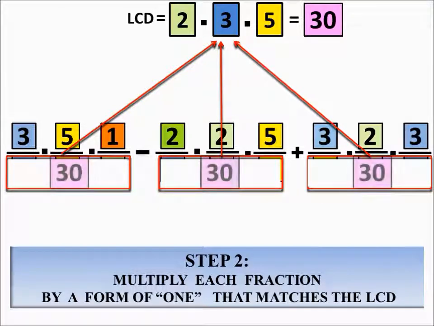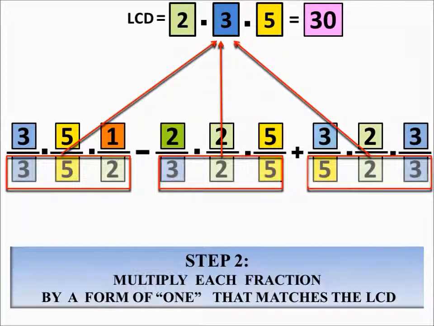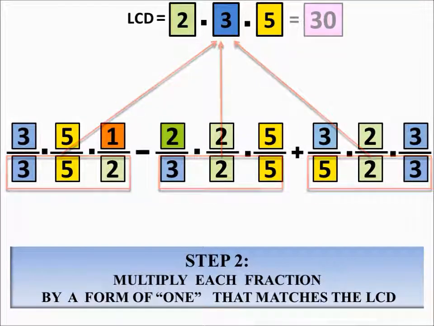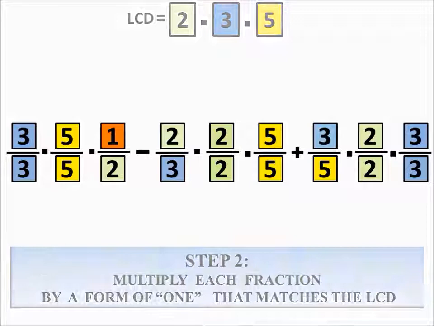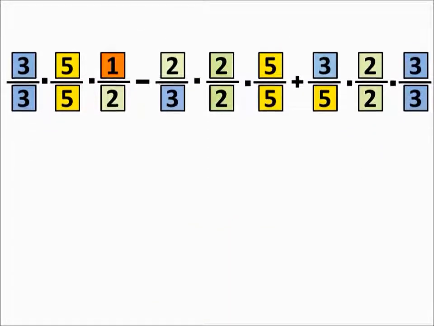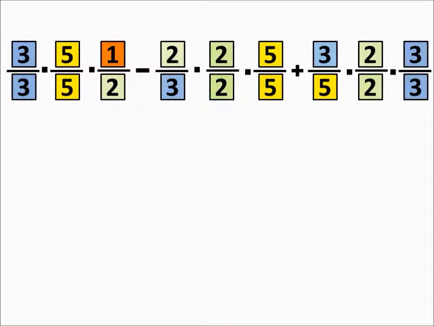That is the least common denominator. Now, all of our three fractions have the same denominator, which makes it very easy to combine them into one fraction, whose denominator is the LCD. That takes us to step 3.